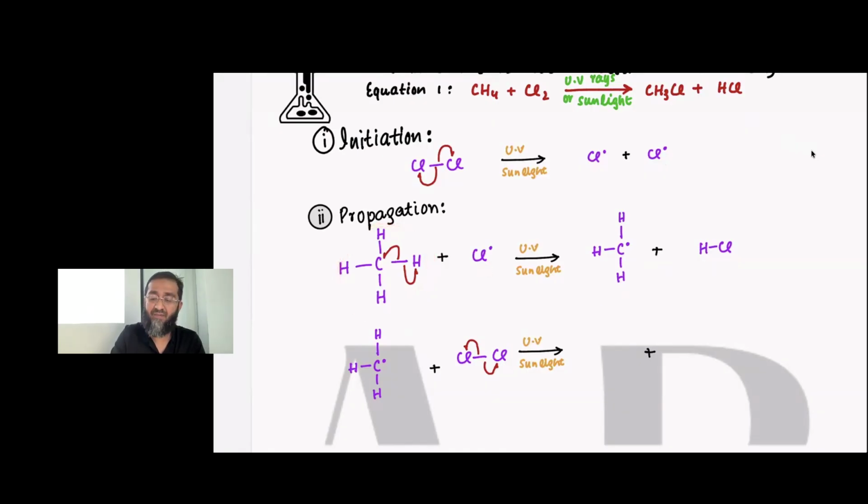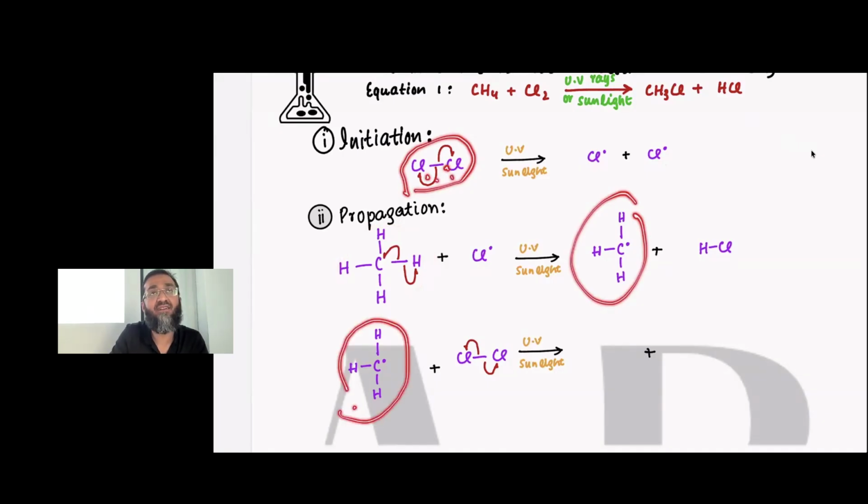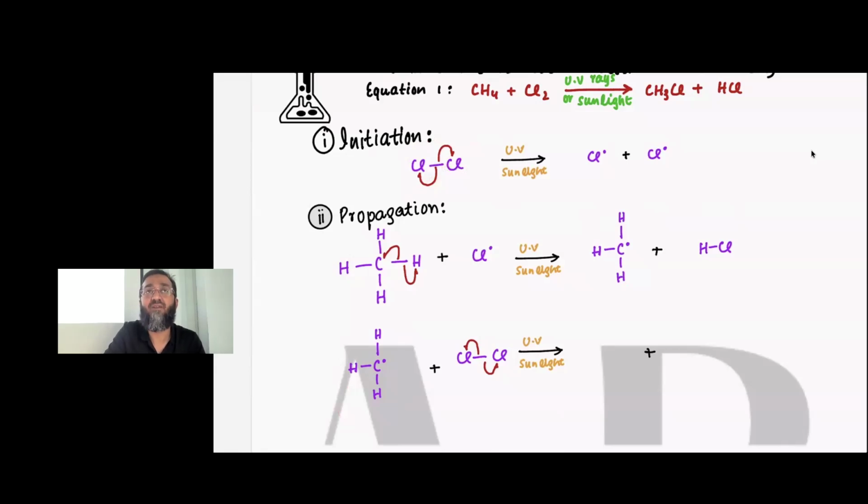Now, there might be a possibility after this that another chlorine molecule is undergoing its initiation, and during that, this methyl radical started interacting with this one. So these occur without any sequence, except the very first stage, where the first molecule broke its bond and turned into chlorine radicals. After that, all of the reactions occur in a random sequence.